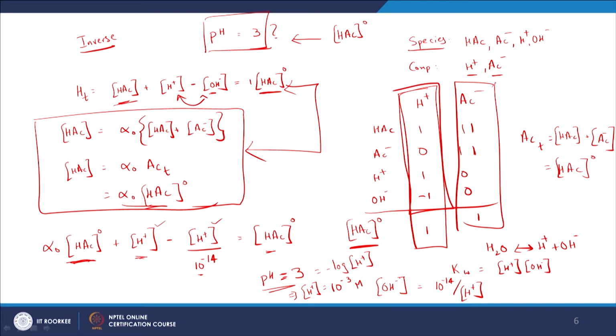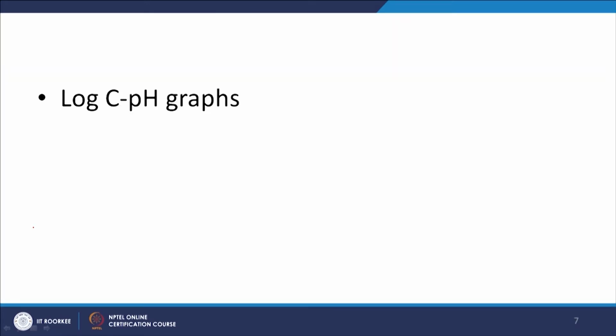So I can plug this in, but it looks like I still have an issue with alpha naught. How do I calculate alpha naught though? Let us move on to the next slide. So it is alpha naught into HAC naught plus H plus, minus H plus by 10 power minus 14, is equal to your HAC naught, and you already have the information that H plus is going to be equal to 10 power minus 3 molar.